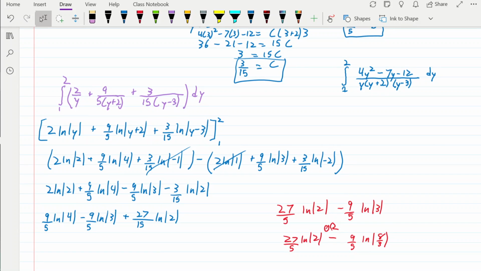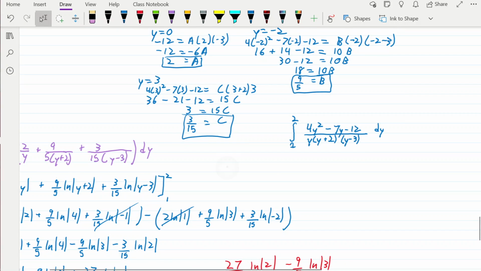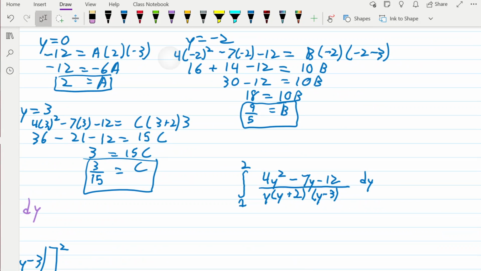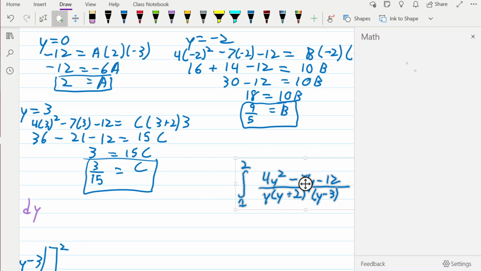Well, the ln of, that's why we take the absolute value of it. So I don't think that was the issue, because this y minus 3 right here is going to guarantee we have to take ln of negative numbers, but it just gets absolute valued out. So let me try this one more time.